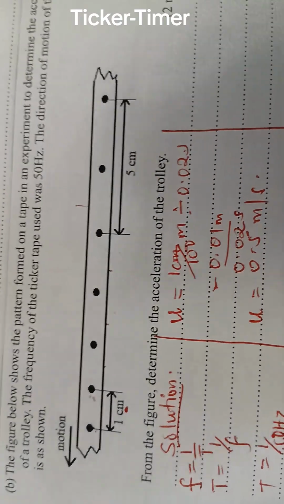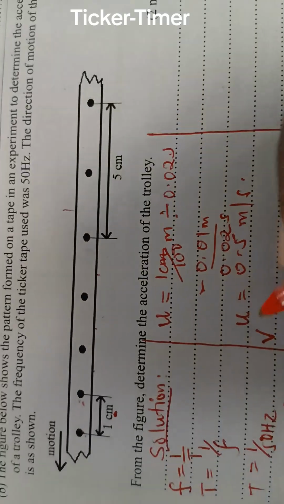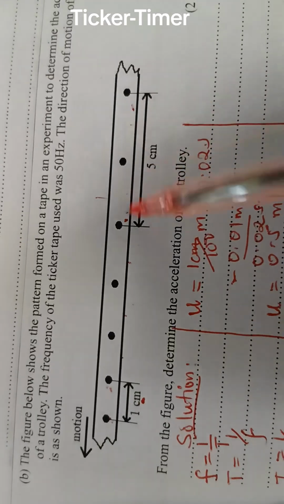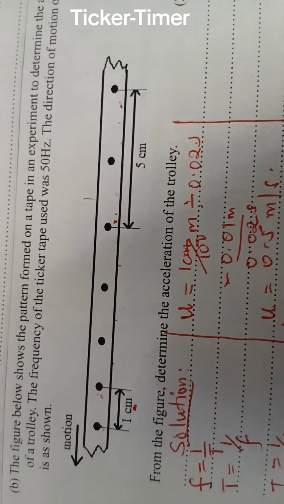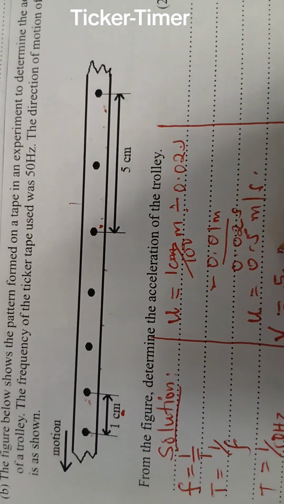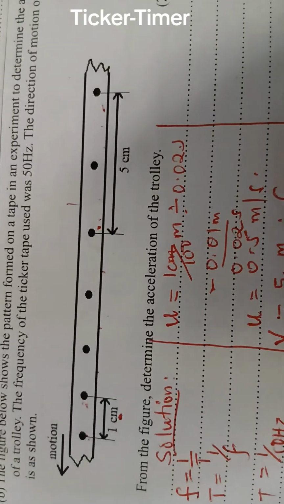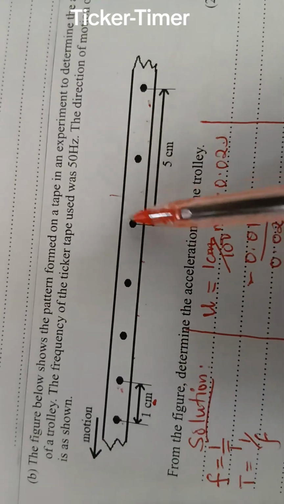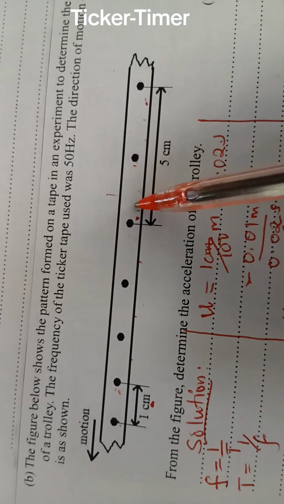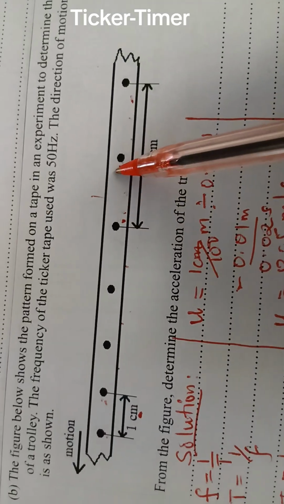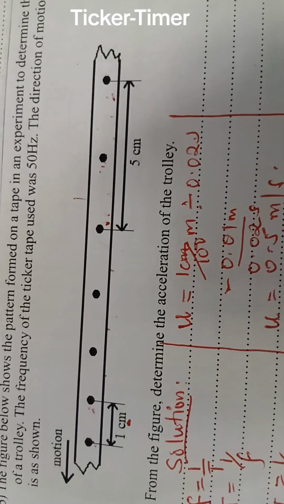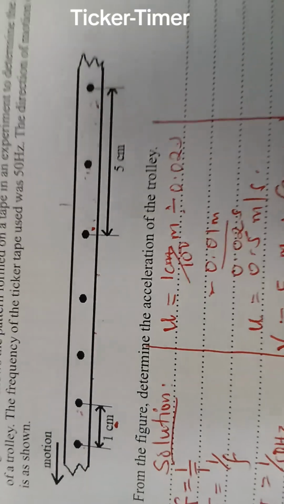Then we need the final velocity v, which is given as the distance, and that distance is 5 over 100. We convert it to meters, and divide by the total time taken. So at that particular point, we have successive dots and another successive dot. So that is 2 multiplied by the time 0.02.